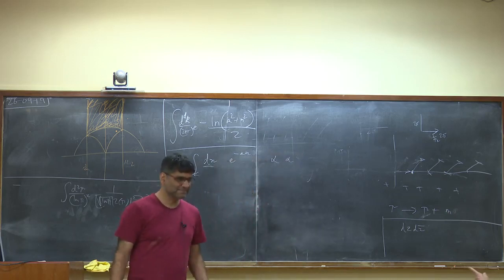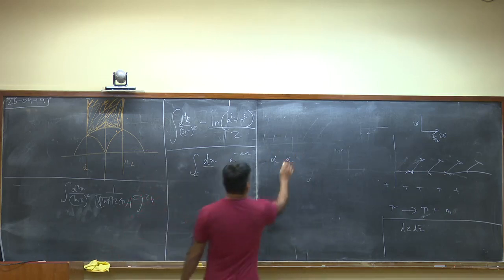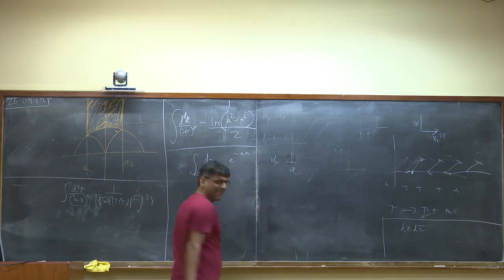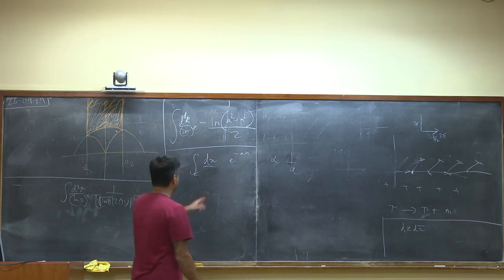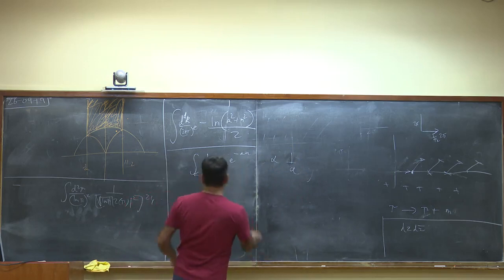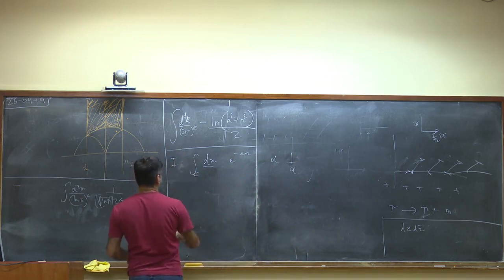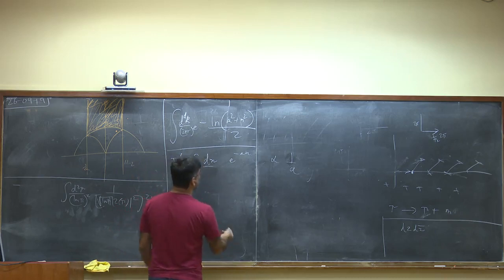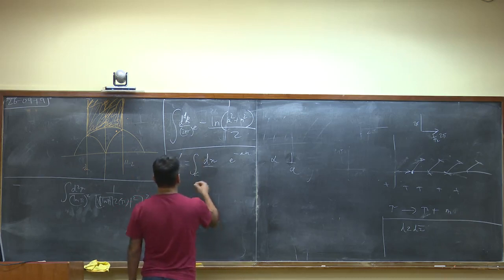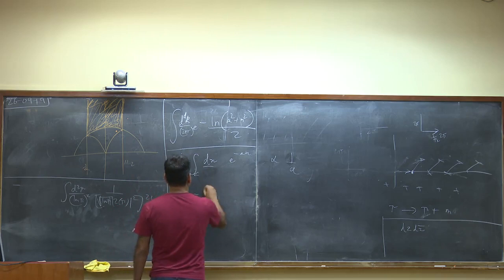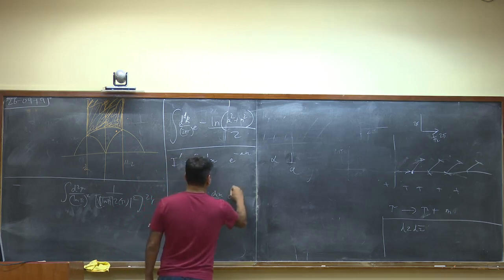This is 1 over a. Proportional to 1 over a. Now we want to get an extra factor of a. Let's say this is I prime. What we are really interested in is I, which is equal to dx by x e to the power minus ax.